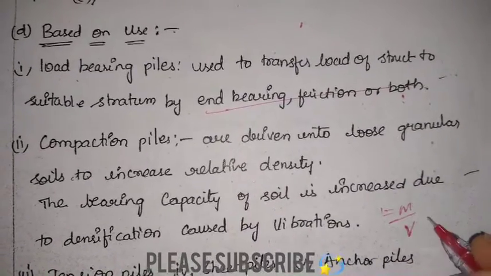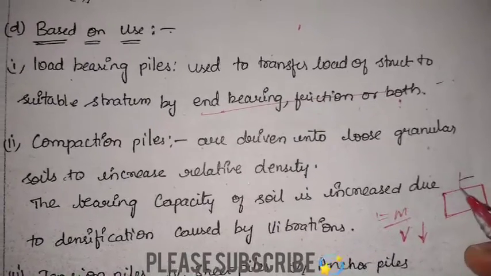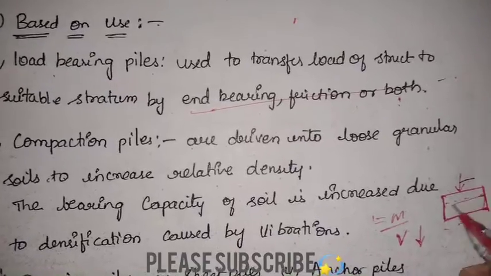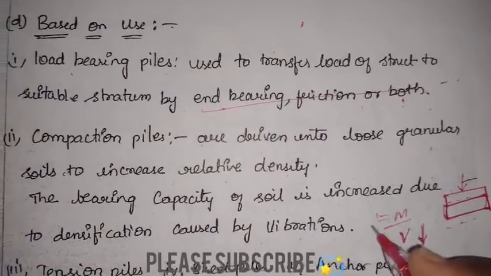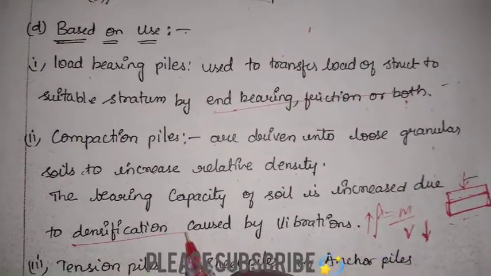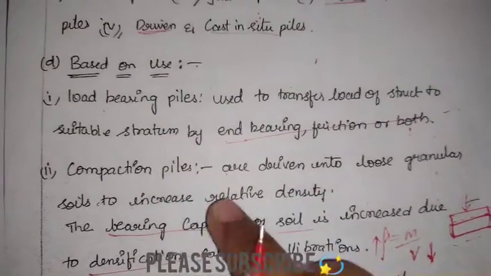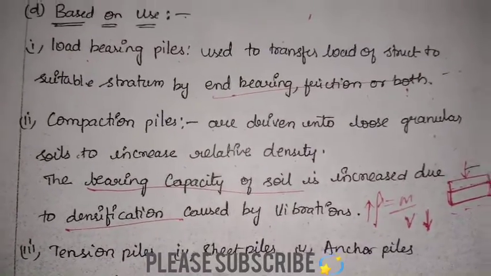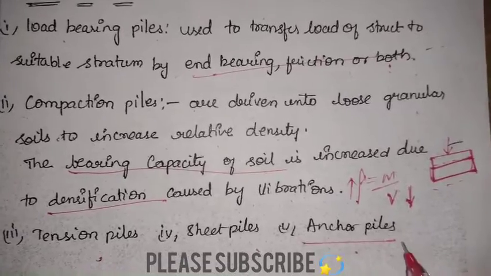Initially the soil volume would be this much, and whenever we compact, the volume is reduced. Whenever the volume is reduced, the density increases. Because of this densification, the bearing capacity of the soil is also increased. That is why we use compaction piles. Next come tension piles, sheet piles and anchor piles. For anchoring purposes, we use anchor piles.